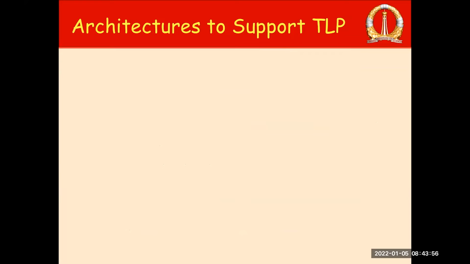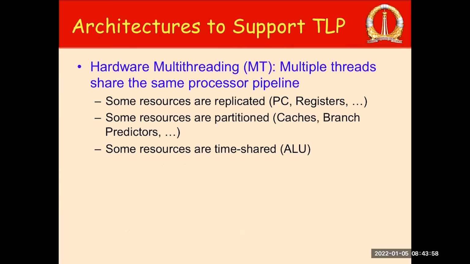Okay, now what are the architectures to support thread level parallelism? We could think in terms of building what is called a multi-threaded architecture. Multi-threaded processors existed even from the late 60s onwards, but one could think of the first instance of a multi-threaded processor to be the one proposed in the mid-80s, the Denelcor Heterogeneous Element Processor, which is a multi-threaded architecture.